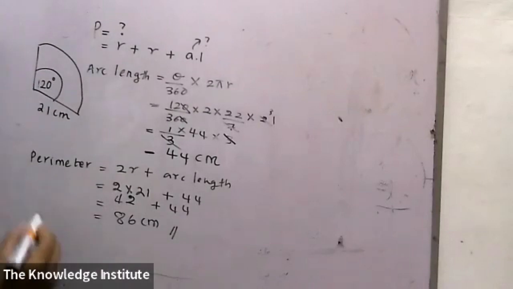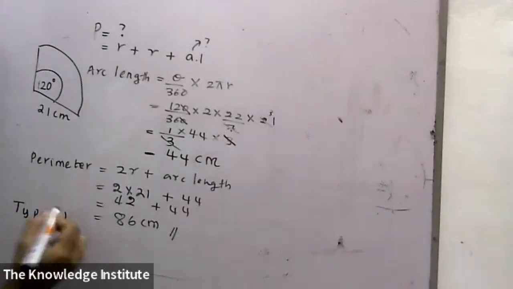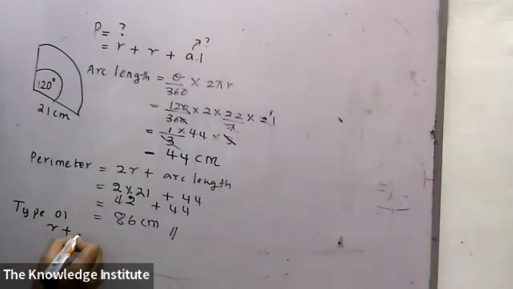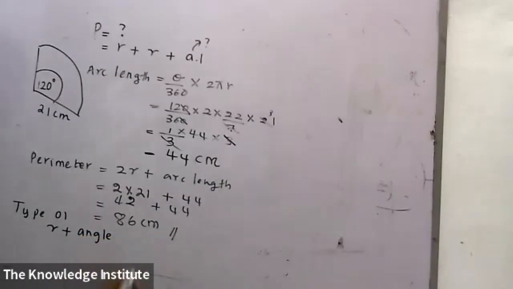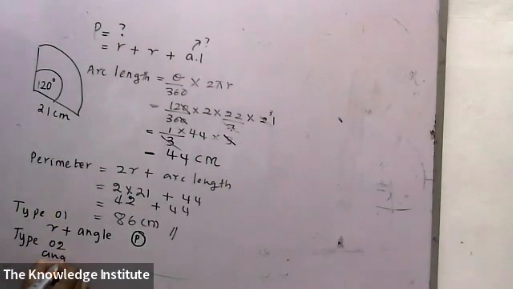So what you should know is, as I told you, in the first 25 questions they can ask you three types. Type 1 is, they will give you the radius and the angle as well, and they will tell you to find the perimeter. I'm circling perimeter because they are going to ask for perimeter. Then there is type 2. They can give you the angle, they can give you the perimeter, and they can ask you the radius.